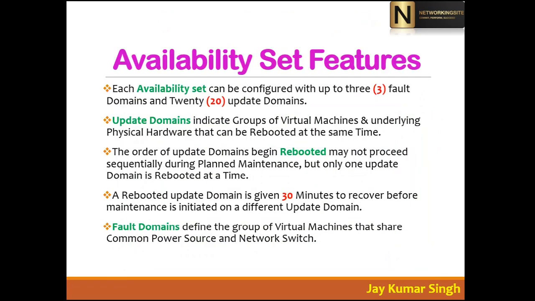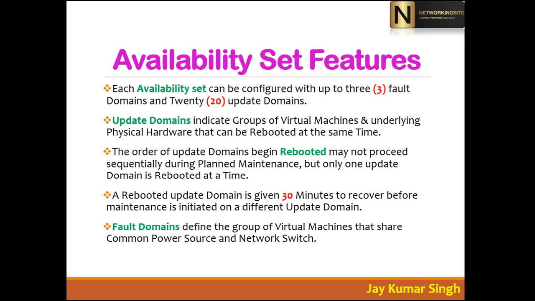Here are some features: each availability set can be configured with up to 3 fault domains and 20 update domains maximum. Update domains indicate a group of virtual machines. I told you that an update domain is a collection of machines for updating and maintenance regarding reboot. It provides you high availability in that condition.